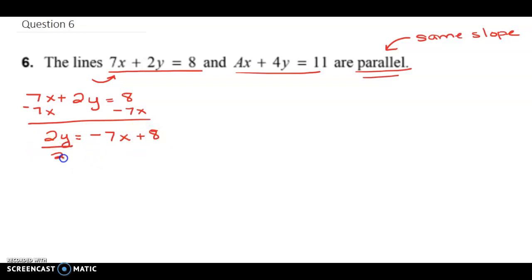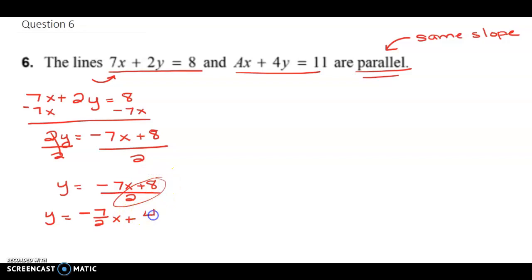And then if I divide everything by 2, I'm left with y equals negative 7x plus 8 over 2. Now this is the same thing as negative 7 halves x plus 8 over 2, which is just 4. Okay, so as you can see, my slope is negative 7 over 2.